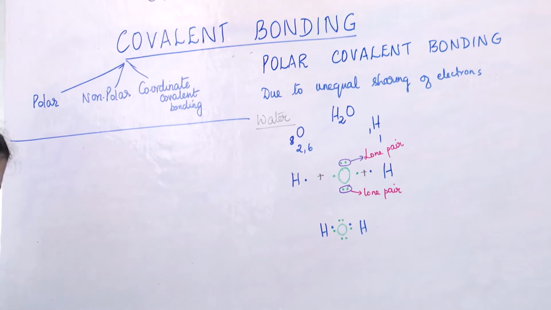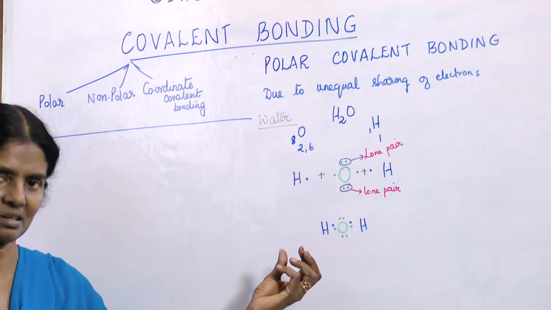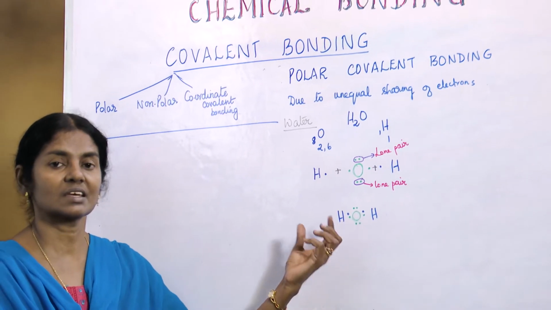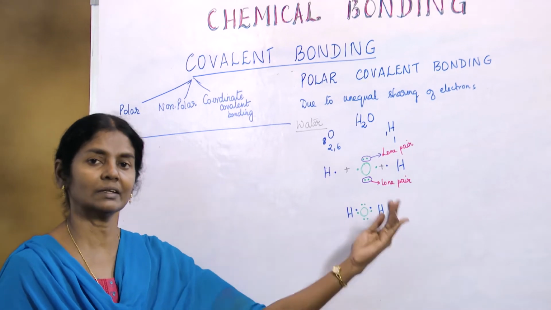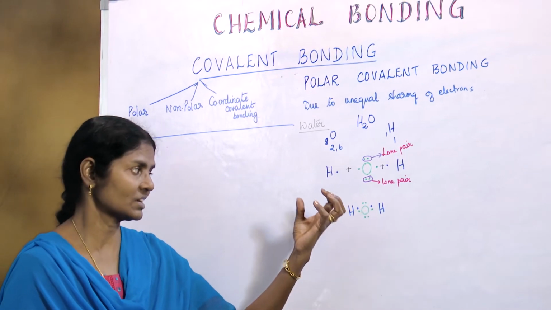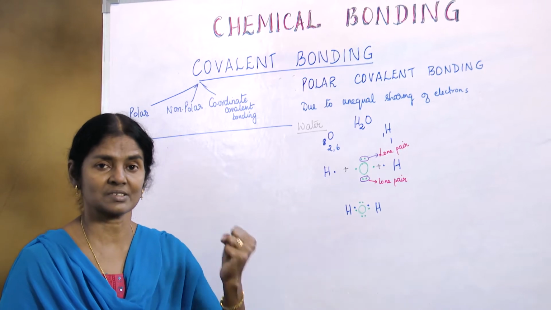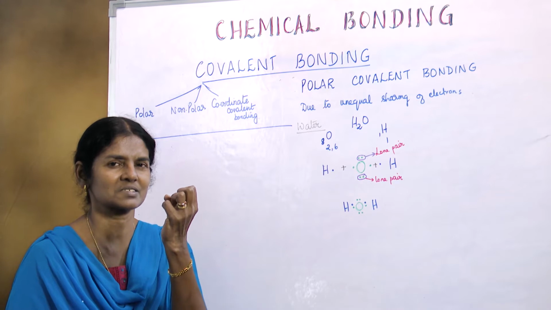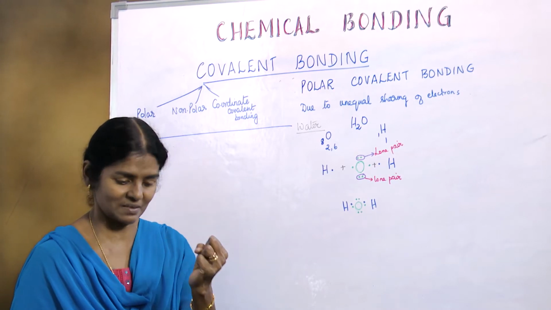Now what happens here is, see, oxygen is a non-metal, hydrogen is also a non-metal, but oxygen is highly electronegative, which means it has an affinity for electrons. So it slowly pulls the electrons towards itself.